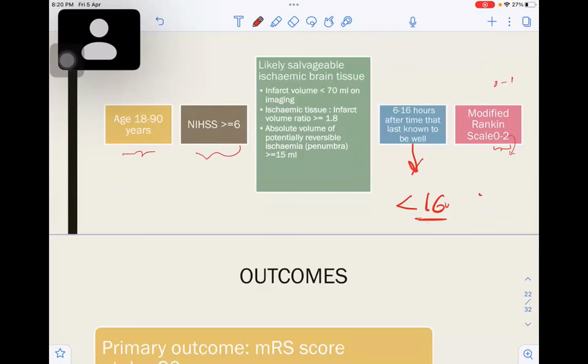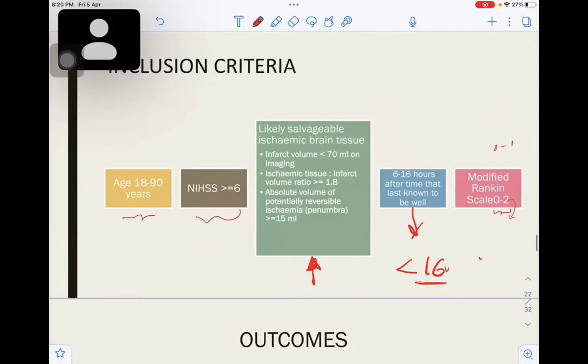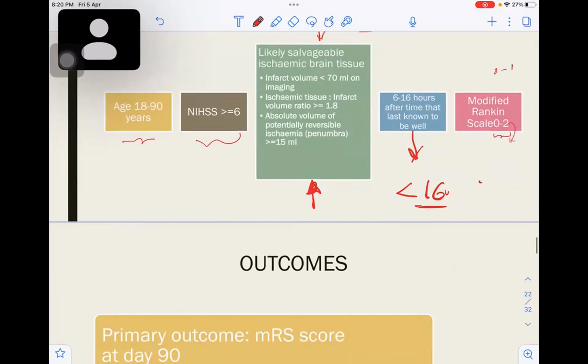And the one major thing that you're supposed to remember is the likely salvageable ischemic brain tissue criteria which they have used, that is, infarct volume of less than 70 ml and ischemic tissue to infarct volume ratio, that they have used, is 1.8.